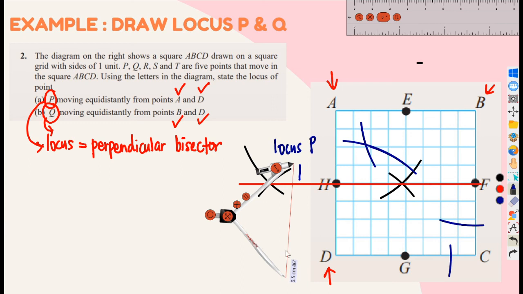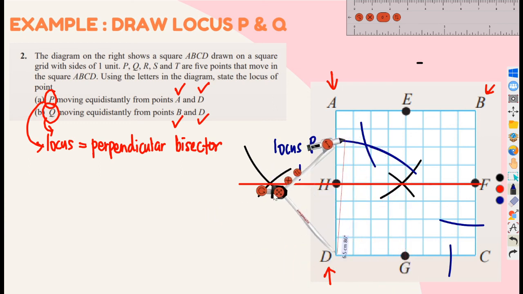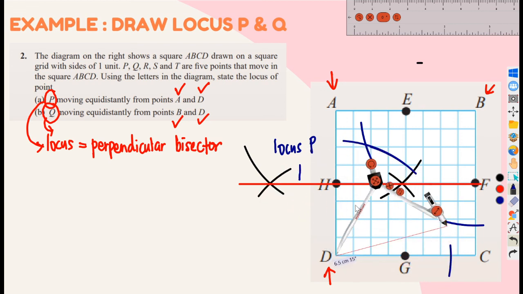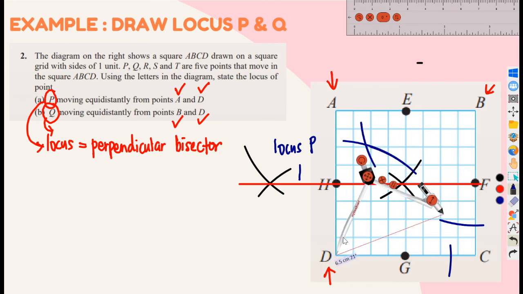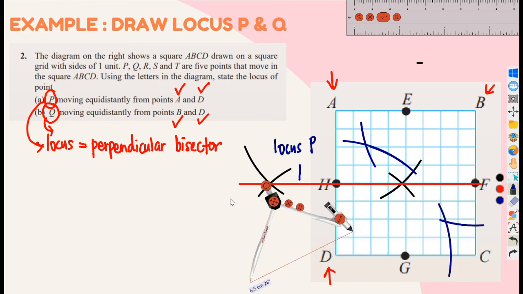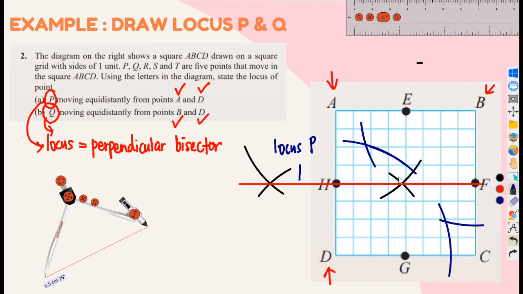Another one is here. Now you can see these two arcs already have the intersection.